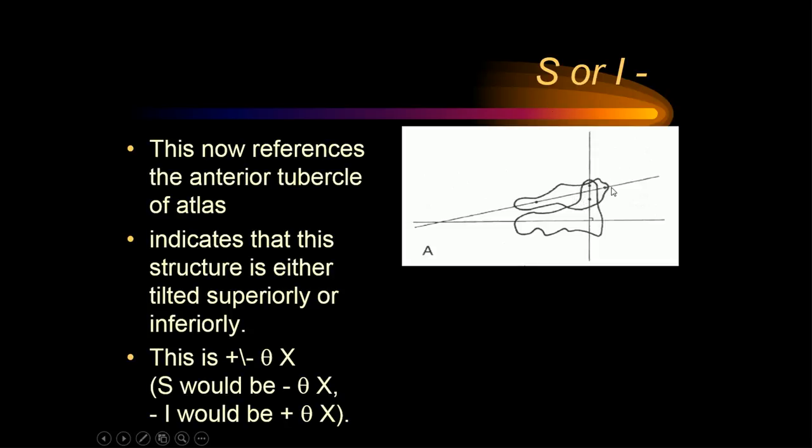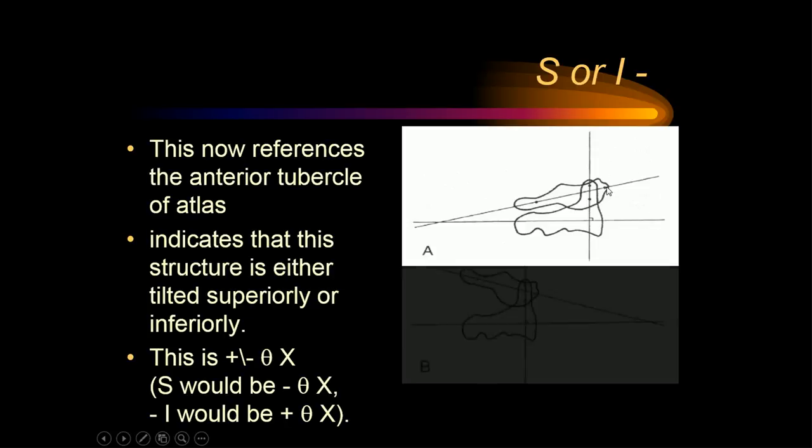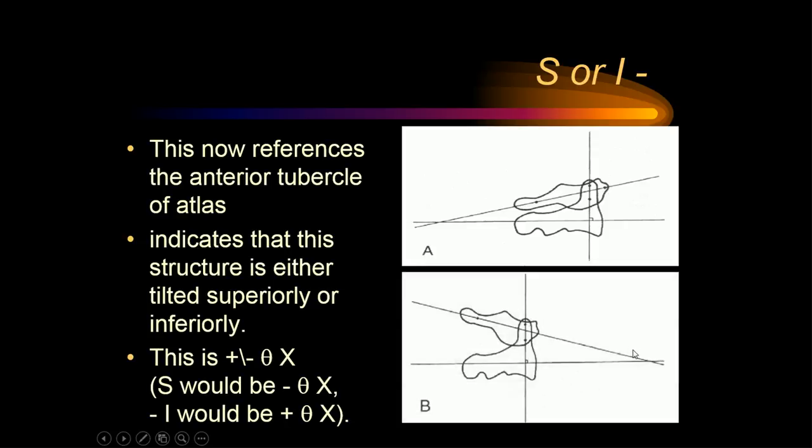If the tubercle is superior, these two lines right here, this is an A to P atlas plane line, and this is called the odontoid perpendicular line, theoretically they should be pretty close to parallel. In this case, they're diverging, they're separating anteriorly, so that means the tubercle has gone S. In this case, they are converging anteriorly, so this means the tubercle has gone inferiorly.